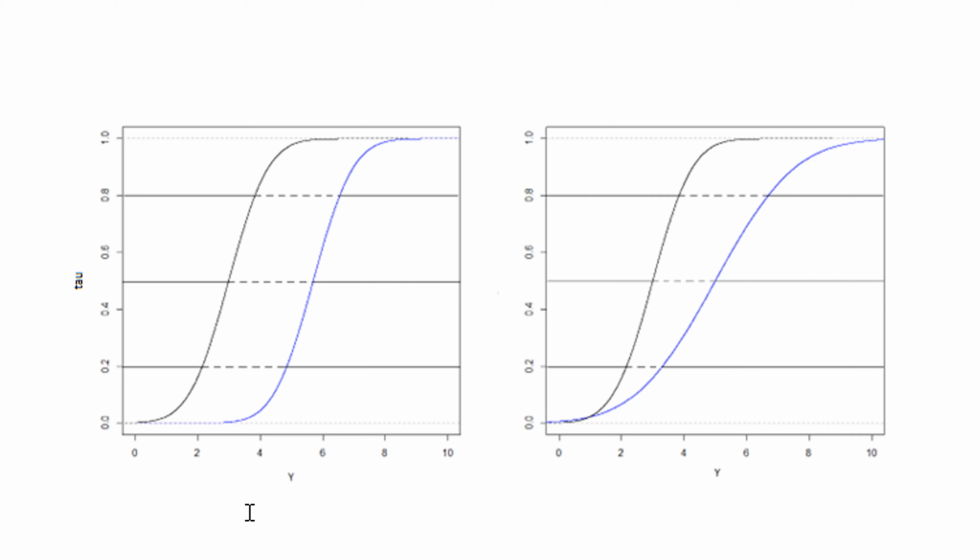Now the quantile treatment effect, or the effect of the intervention, is represented by this dashed line in between the control group and the treatment groups. The wider this gap, the stronger the treatment effect.